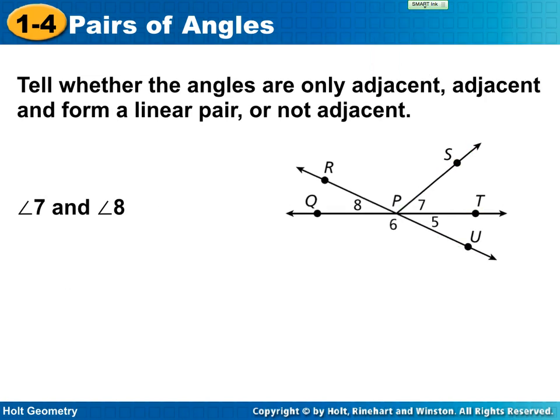How about 7 and 8? And show me this one.